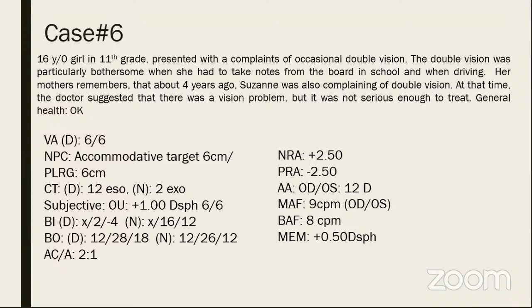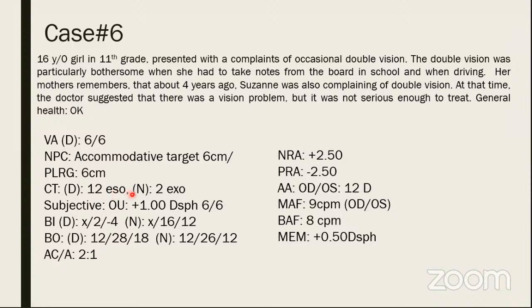In case of convergence excess, the near eso would be greater than the distance deviation, and the base-in finding would be poor; we would then come to a diagnosis of convergence excess. But here you can see the eso deviation is greater at distance than near, and the patient has a low AC/A ratio. So this is not a case of convergence excess, although the base-in value is low.